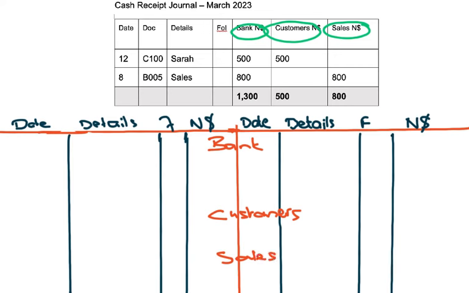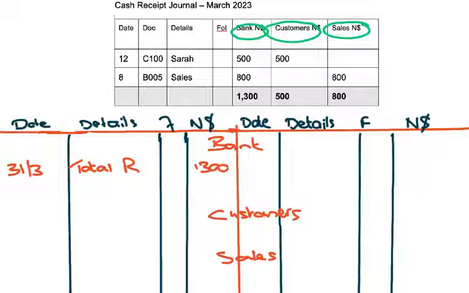What did we do with the cash payment journal? Instead of posting each and every transaction individually, I will only post the total, and the total is 1,300, and I will write total receipts. Remember, my date is the 31st of March.